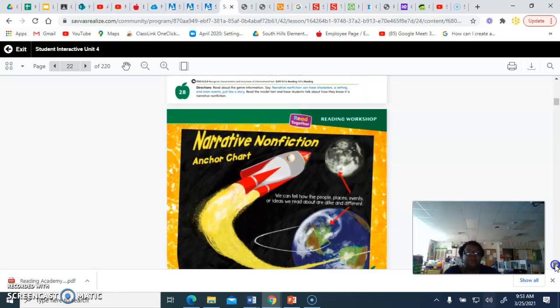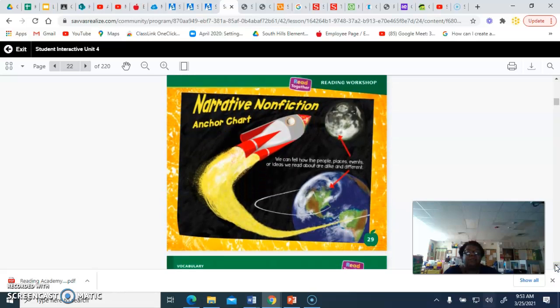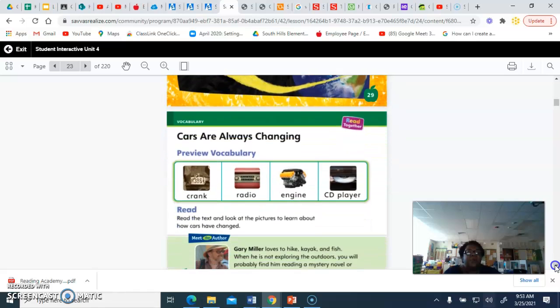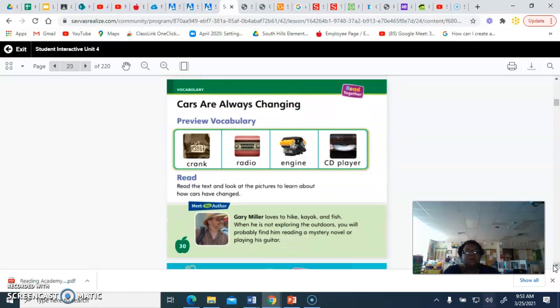Here's your anchor chart that has narrative nonfiction. It shows Earth, and it shows the moon and the rocket ship. Then here is the story for the week. One of the stories called Cars Are Always Changing. And so your vocabulary words were crank, radio, engine, CD player.